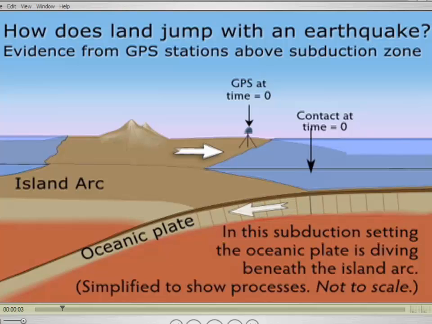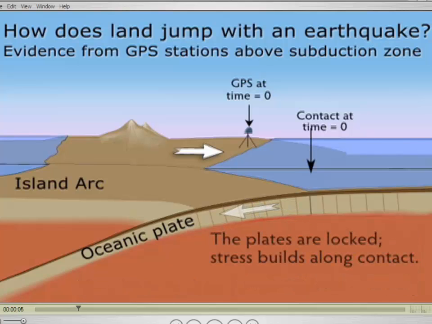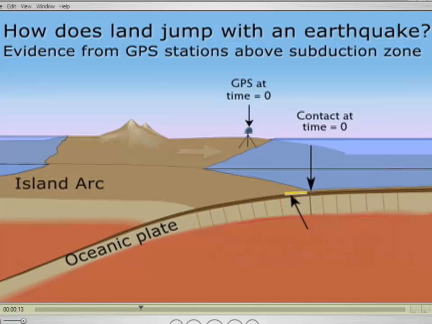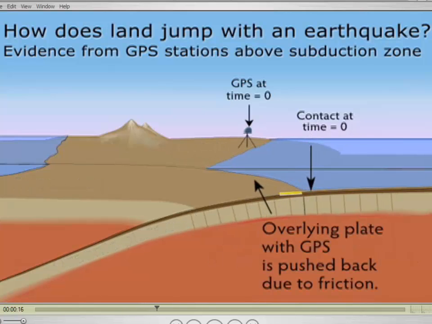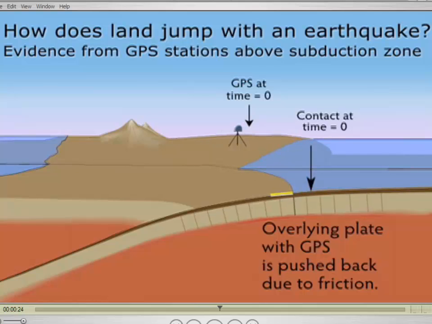And I want you to really think of, okay, this is inter-seismic, period. So plates are locked, stress builds along the contact, but the surrounding volume deforms. And the example is the GPS receiver, but also the ground is lifting, right? So you know how sometimes the corals die in between the earthquakes.